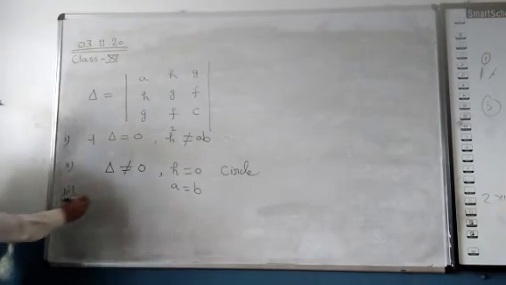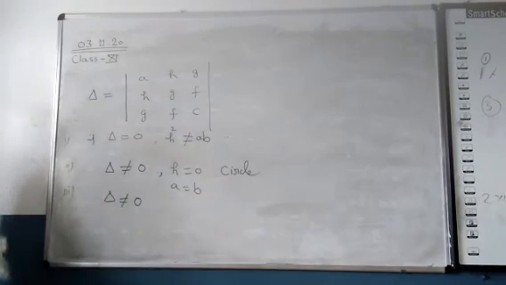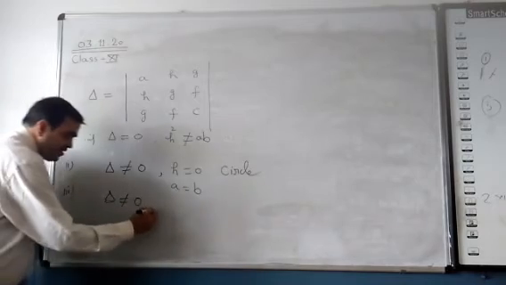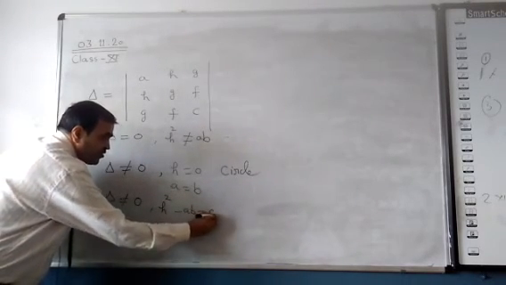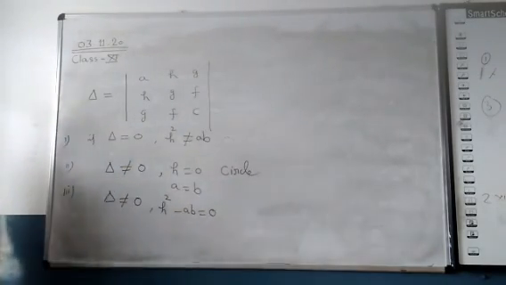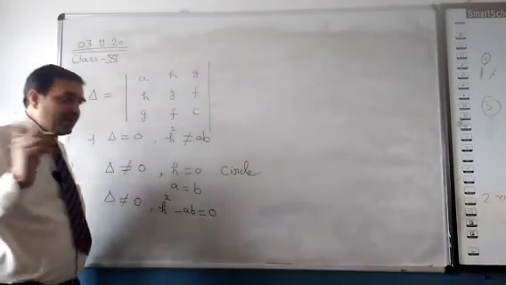Number 3, delta is not equal to 0 and h square minus ab is equal to 0. Then the given equation shows a parabola.